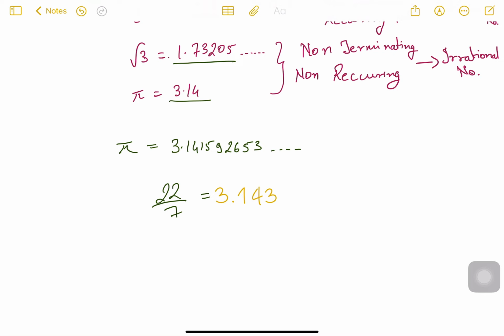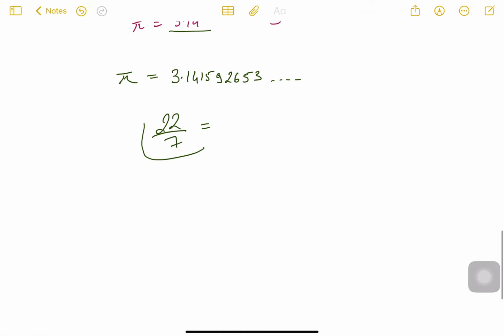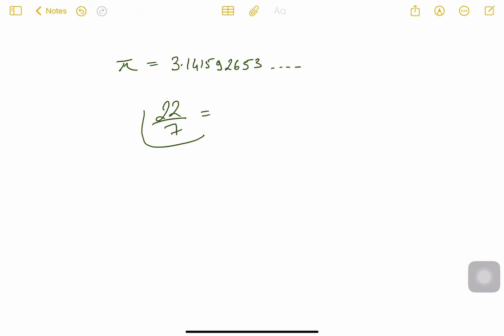You see, it is already 3.143, and that we were getting 142. But we are not taking this answer. We are here to solve because it terminates. This is a rational number. That's what I want to prove to you. So let me begin with 22 by 7.